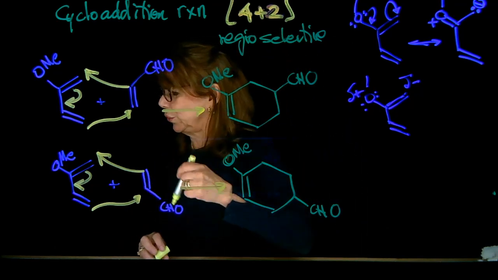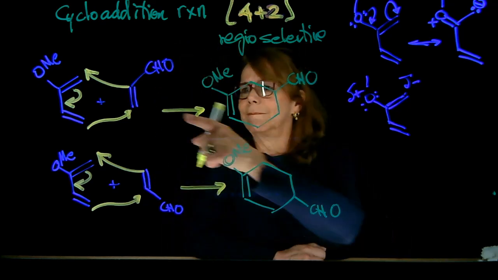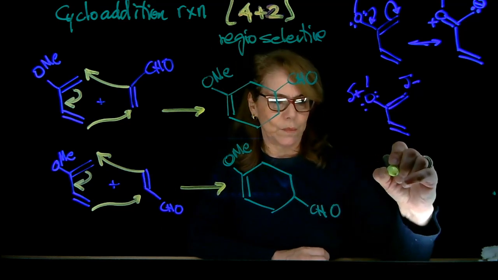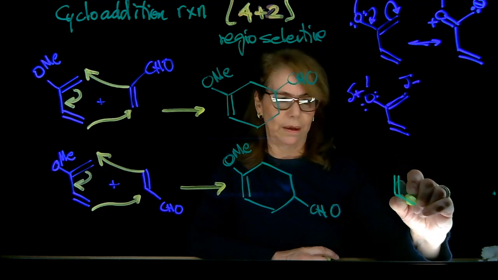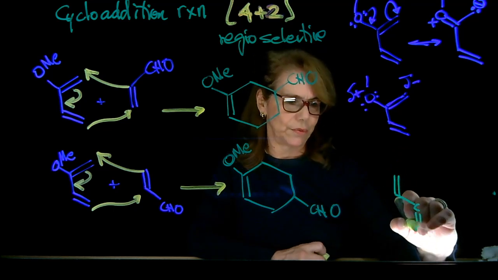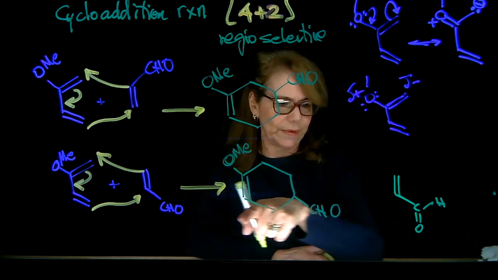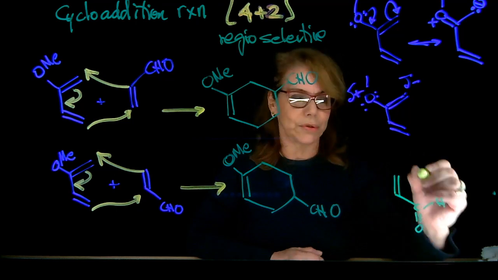Now I'm going to do the resonance structure of the dienophile. Because of the space, I'm grabbing one of those. It's the same. All we want to do is the resonance structure.